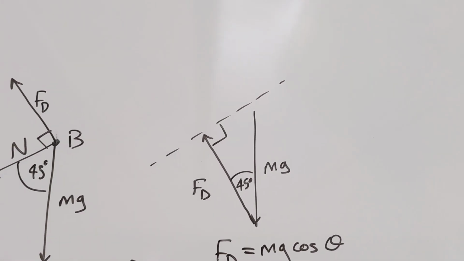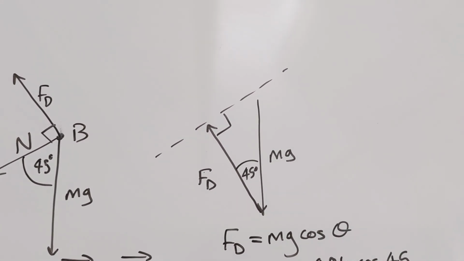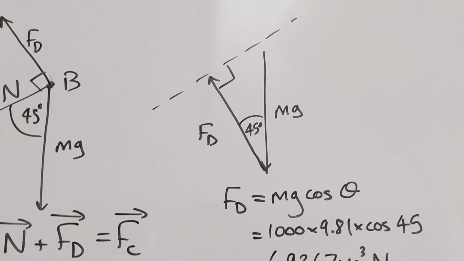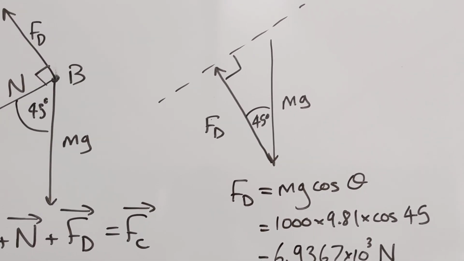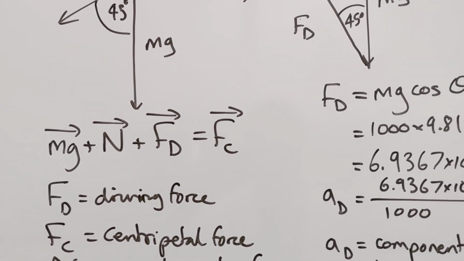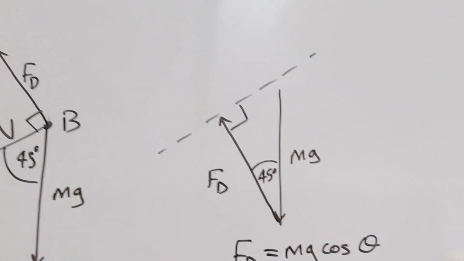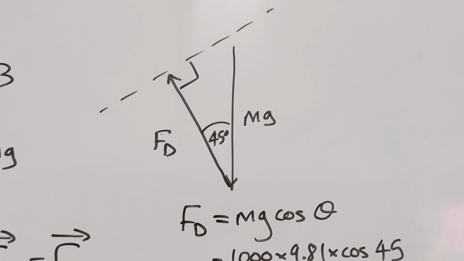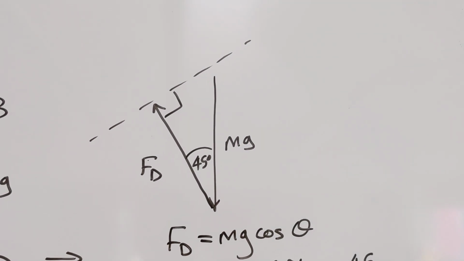And there is another force along that dotted line, which is the normal reaction force, which will not be equal in magnitude to the centripetal force. This is where I messed up, because the centripetal force would be that normal reaction force and the other two forces. So the normal reaction force is not the centripetal force. It's just one of the three forces that, when added together, make the centripetal force.